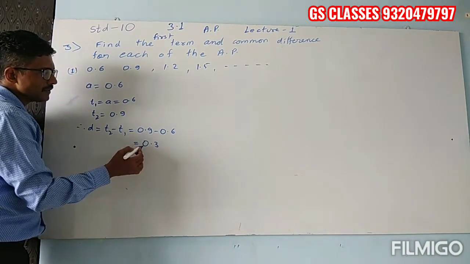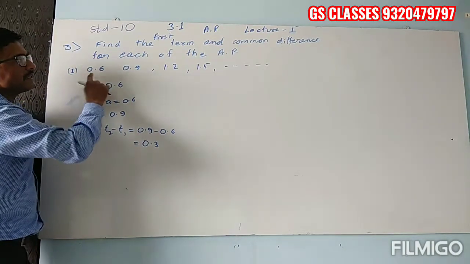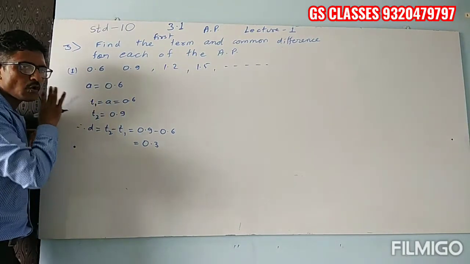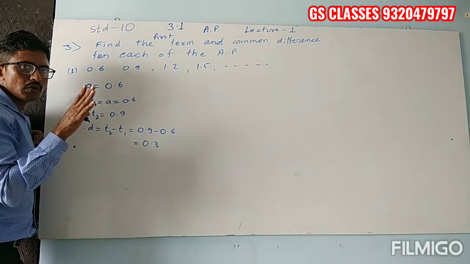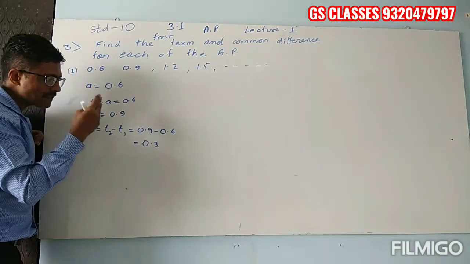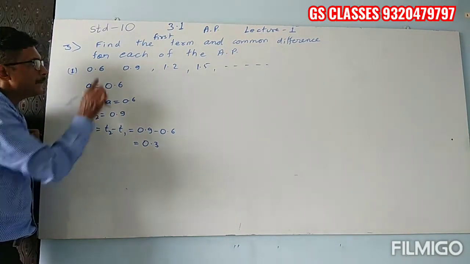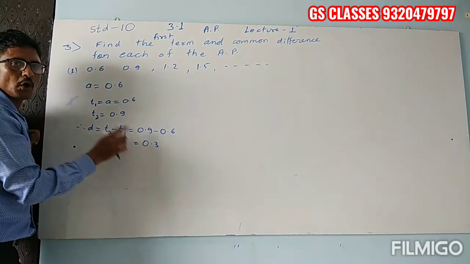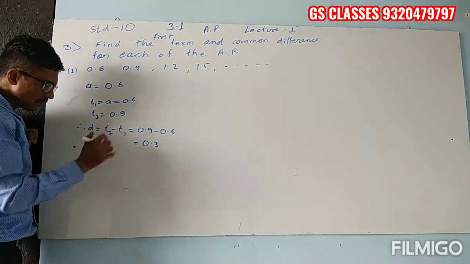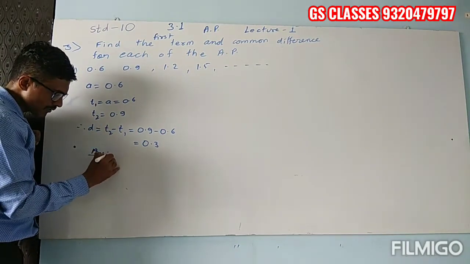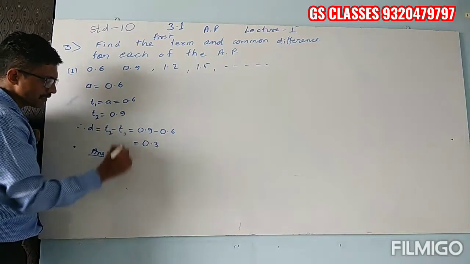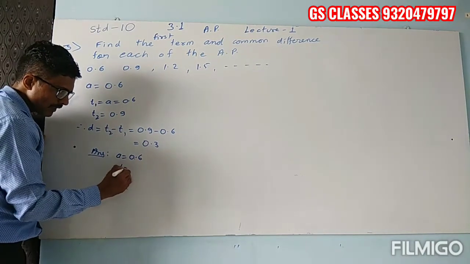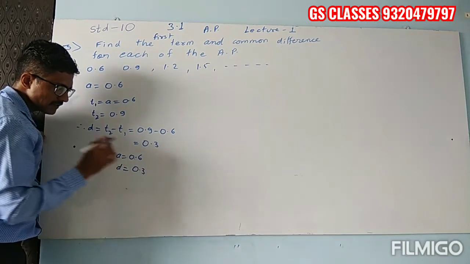Now children, since they have given that it is already an AP, so there is no need to do the same calculation a number of times. Means once if you have shown the difference, your job is done. Your answer is now, first term is 0.6 and common difference is 0.3.